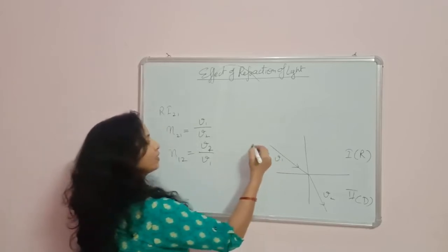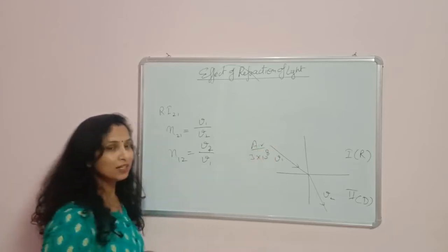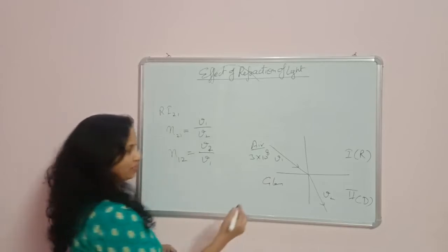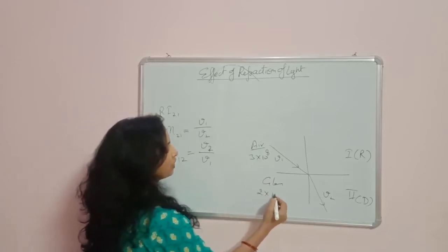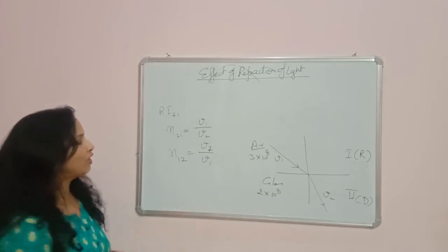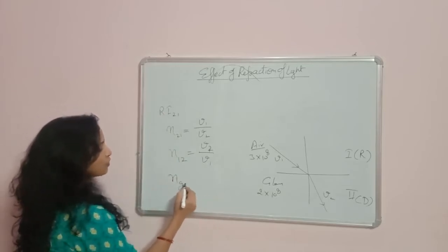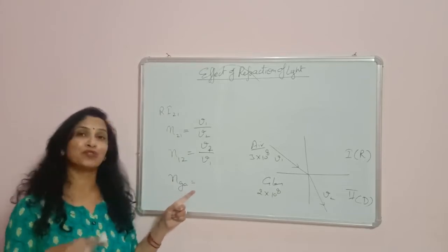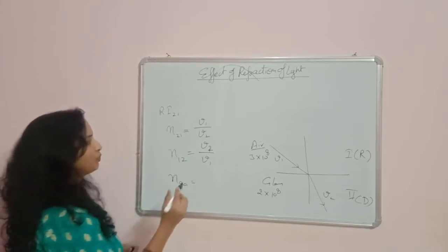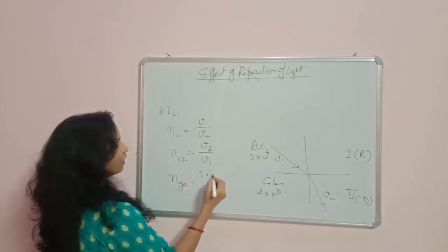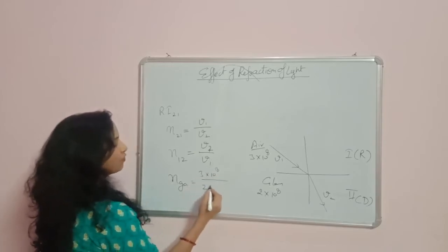And in glass, suppose the speed of light is 2 into 10 power 8. So if you want to find the refractive index of glass with respect to air, you will write it like this. It will be equal to the speed of light in air, 3 into 10 power 8, upon the speed of light in glass.